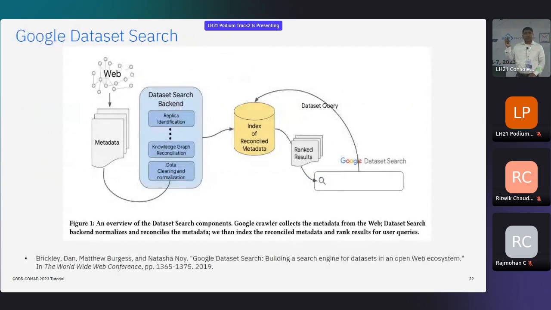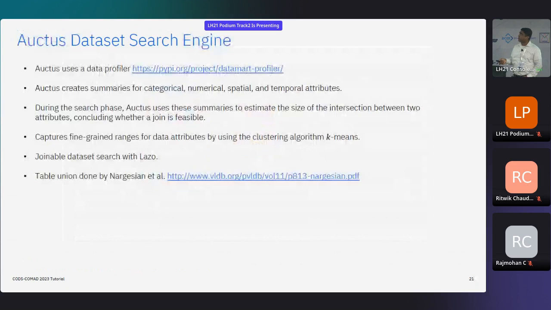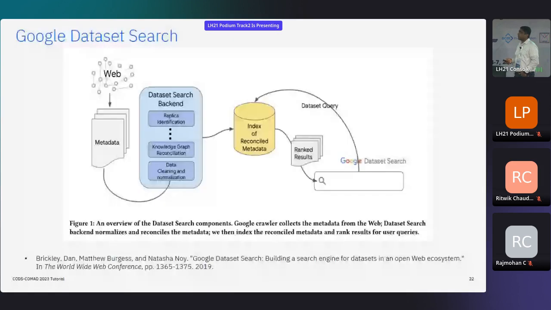Okay. The one that I showed, the Octus paper, is more academic, or we can say it's for relatively smaller data sets. If you want to do this at a much higher scale, then there is this paper, a slightly older one, which is the Google dataset search, right?